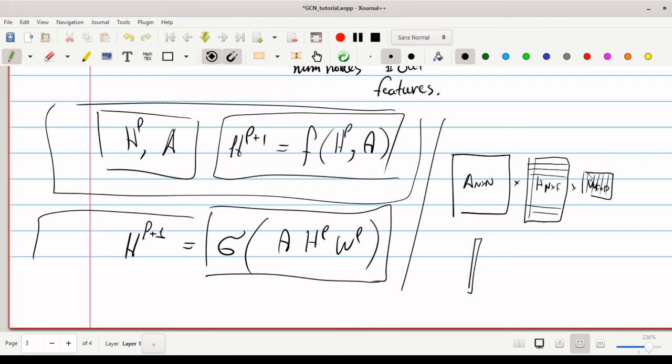Since we have stacked columns here, essentially we repeat this procedure for every column in this matrix, and we stack the results.